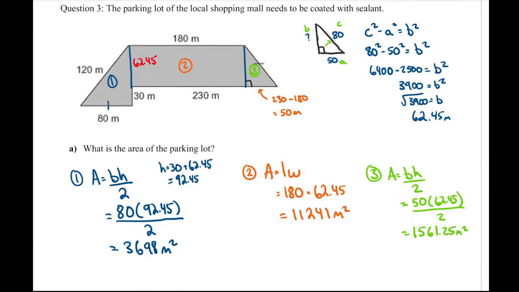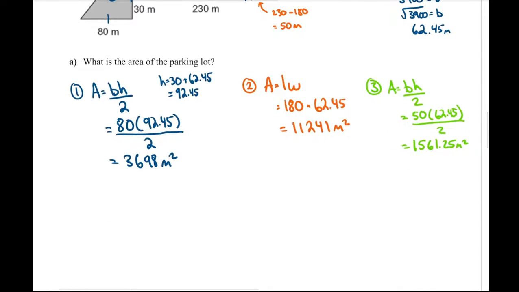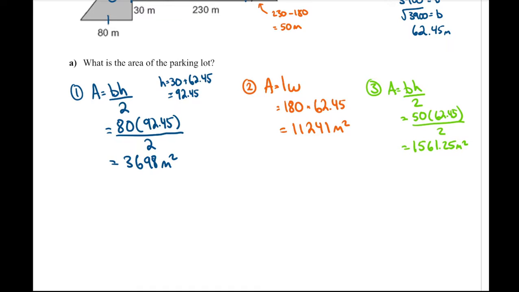So those are the areas for all three shapes. And again, because I want the total area, I need to add them all up. So 3,698 plus 11,241 plus 1,561.25.